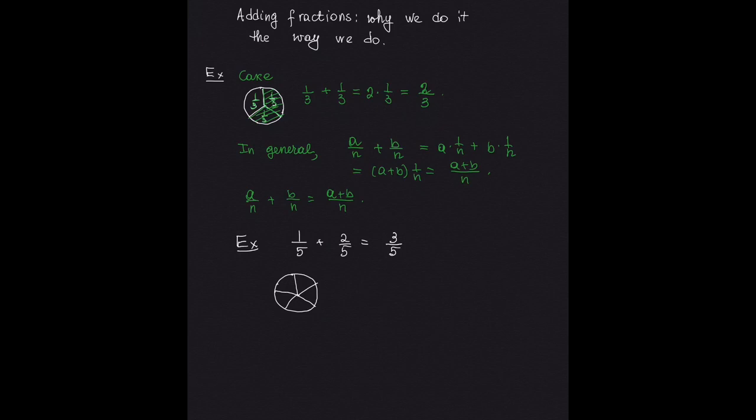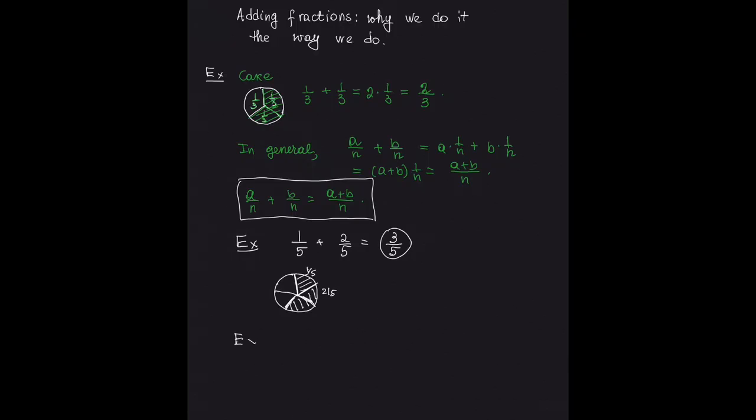Okay, so if we take 1/5 of the cake and add to that 2/5 of the cake, then in this shaded area we actually have 3 of these slices, so we are going to get 3/5. So our algorithm actually works, and so we use this formula to add fractions such that their denominators are equal.